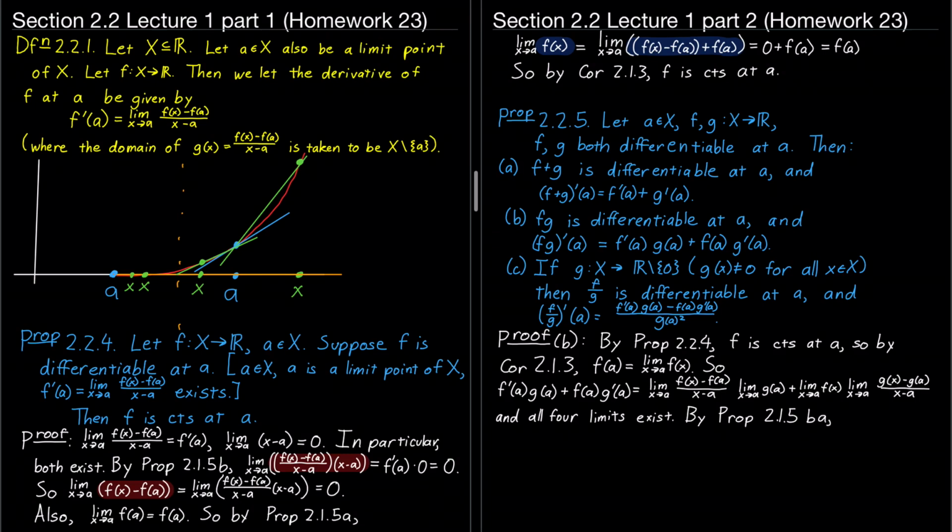We can rewrite this as one big limit. So first we use part B to consolidate the products, f of x minus f of a over x minus a times g of a.